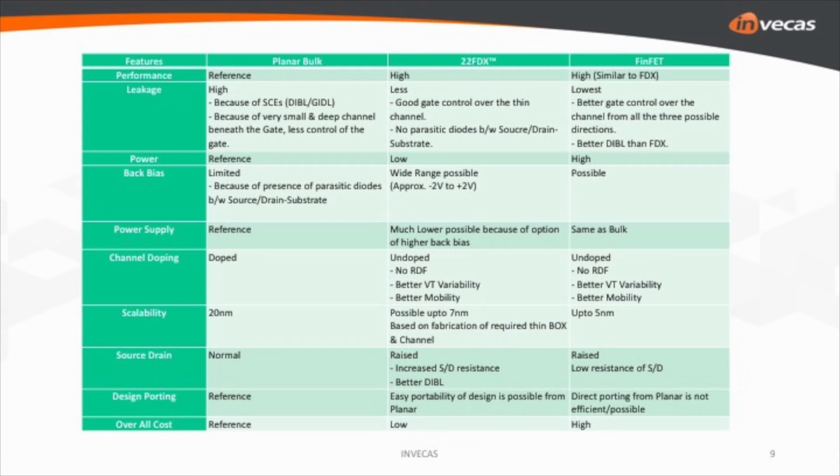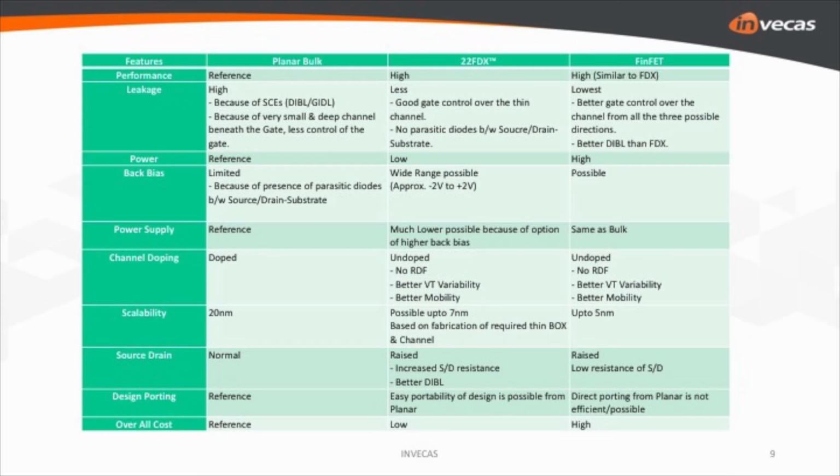Design porting: in planar bulk we have most of the designs. When you port these designs from planar bulk to 22FDX, portability is very straightforward and easy, whereas direct porting from planar into FinFET is not really efficient and sometimes impossible.